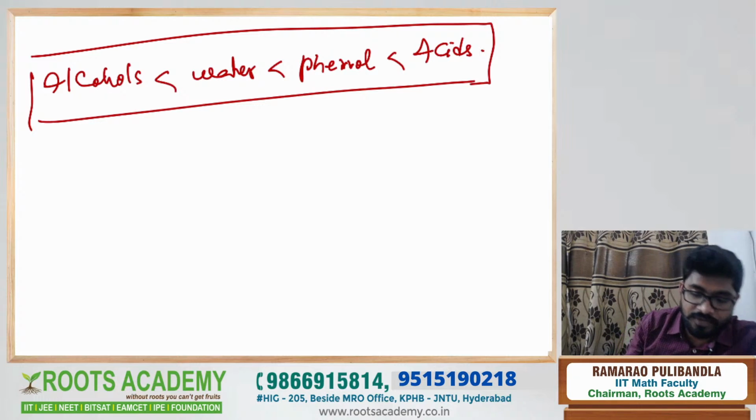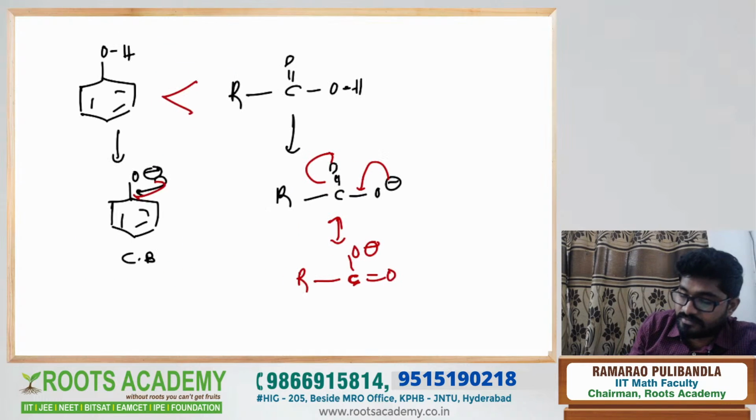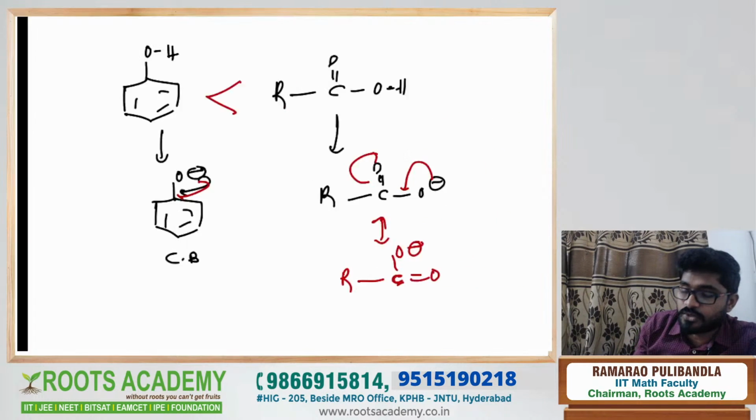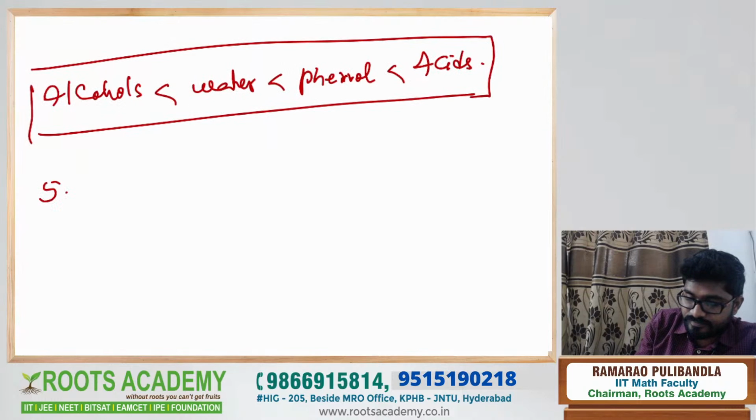Okay, now you decide the fifth factor. Resonance is over now. In the alcohols and water, only methyl alcohol is more acidic than the water; for all the remaining alcohols it is the same. Next one is aromaticity, the next factor.